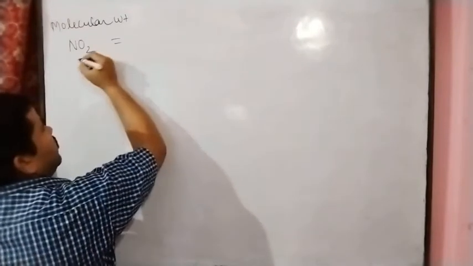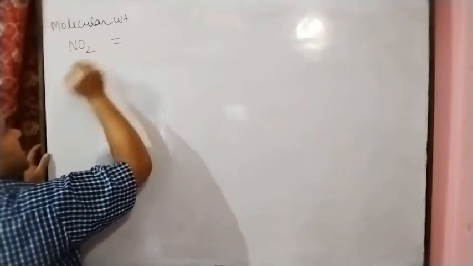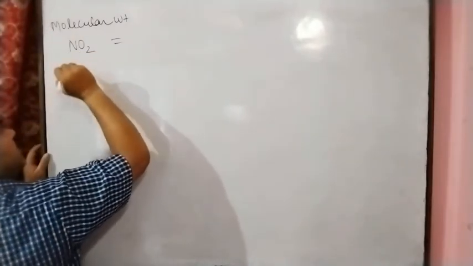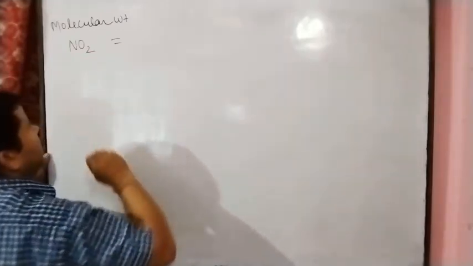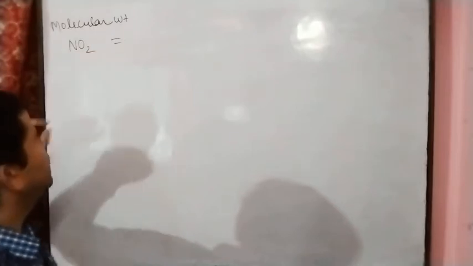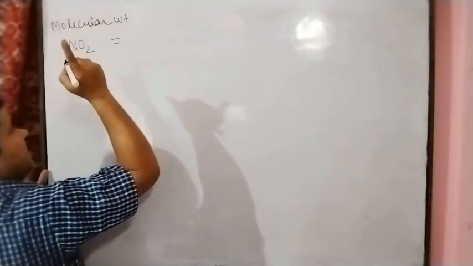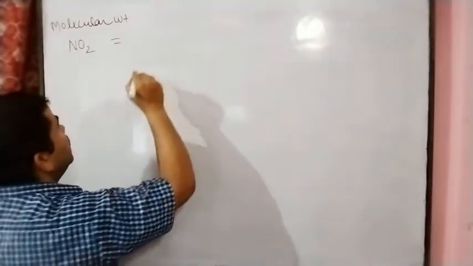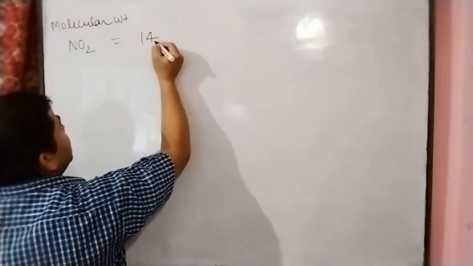So first of all, nitrogen dioxide is written here, and we will calculate the molecular mass of nitrogen dioxide. Individually we write the mass of these elements. First, nitrogen: only one atom of nitrogen in this compound, and one atom of nitrogen mass we know is 14.